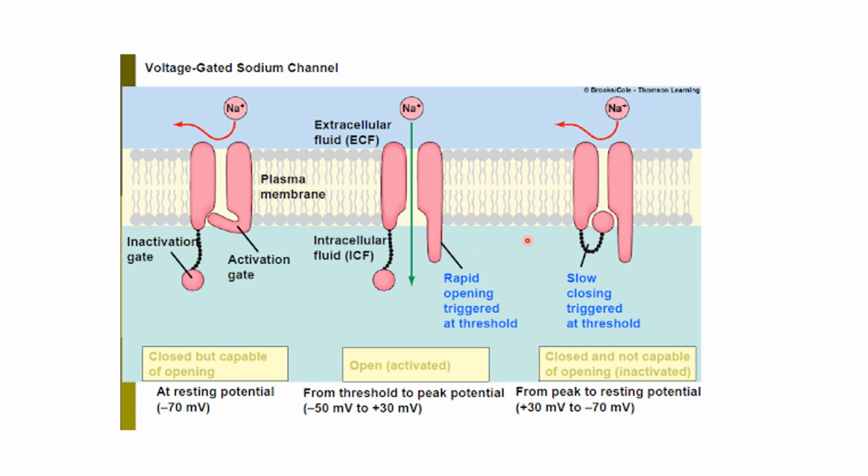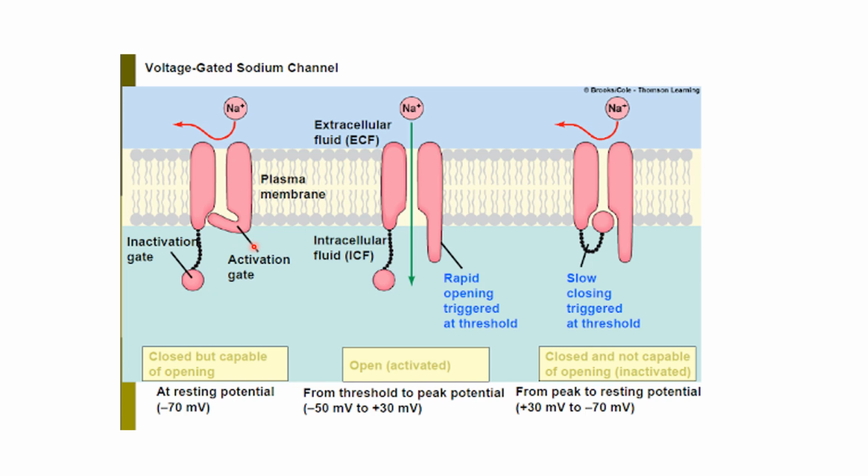For closure, there is another configuration, in which the inactivation gate gets closed. When the channel has its inactivation gate closed, it cannot conduct any charges. So these are the three configurations of the sodium channel.